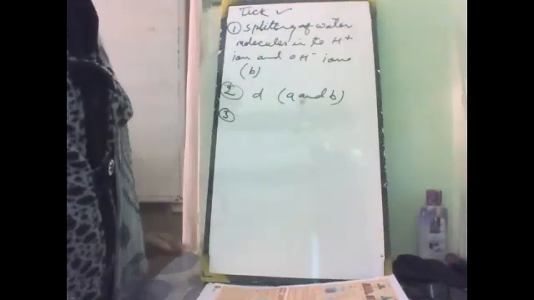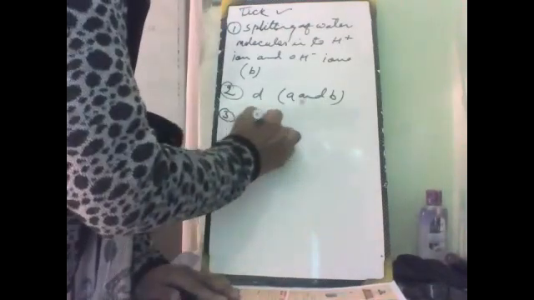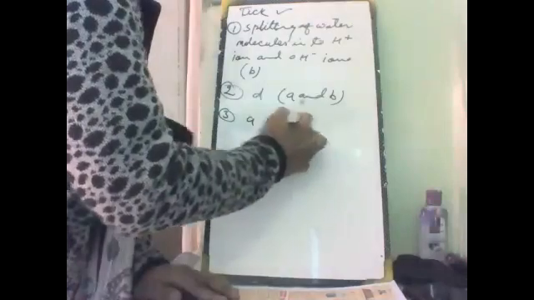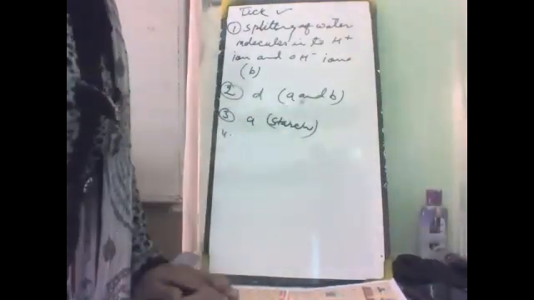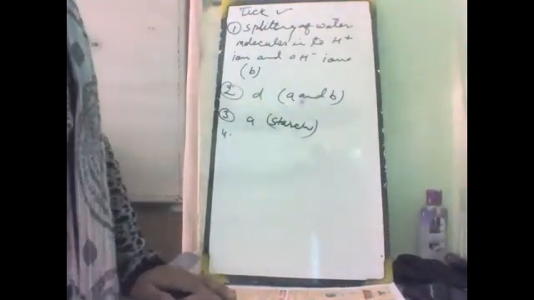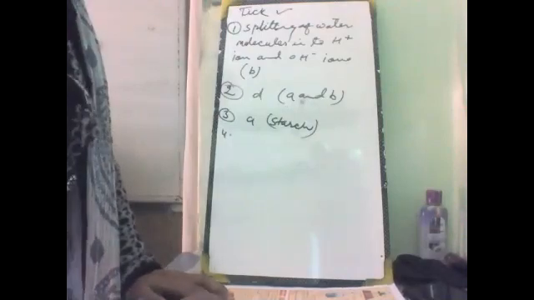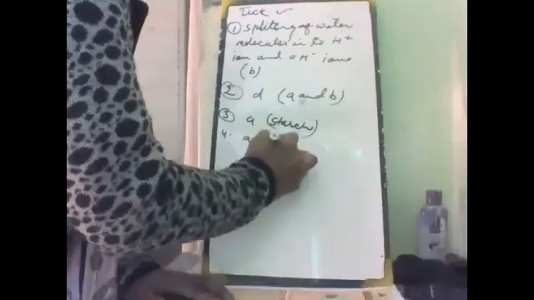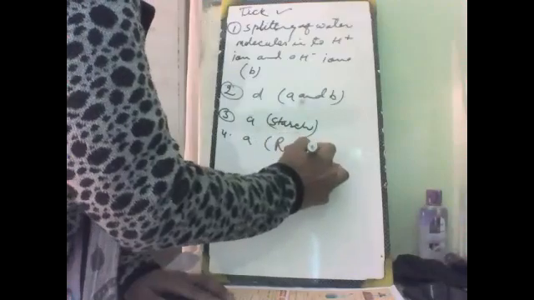Extra glucose is converted into starch. The oxygen produced during photosynthesis is used for respiration.